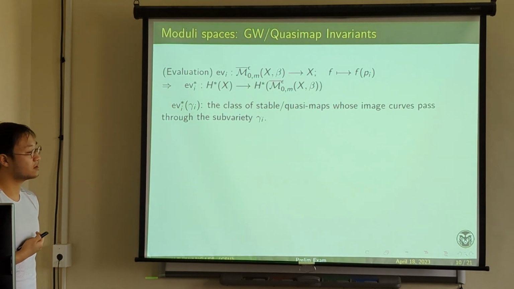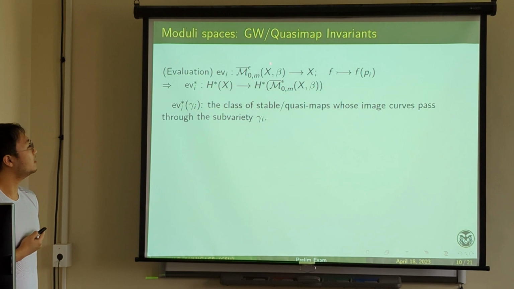Because we have markings, an element in our moduli space is a map. And here I put epsilon, and epsilon can be infinity, which represents a stable map. When epsilon is 0+, it represents a quasimap.